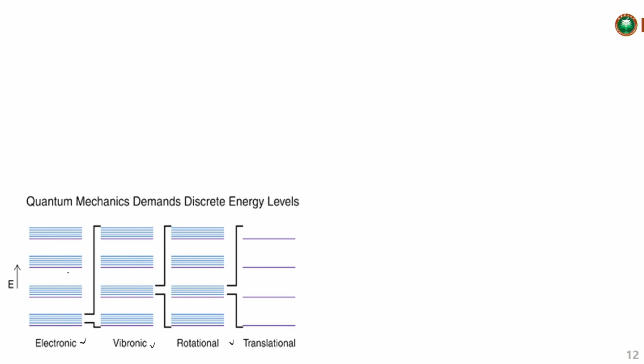For each pair of electronic energy levels, we can separate it into several different vibrational energy levels, and each pair of vibrational energy levels can be separated into rotational energy levels.